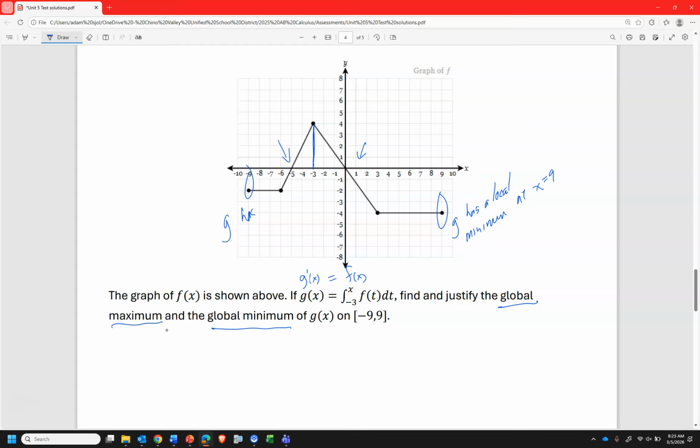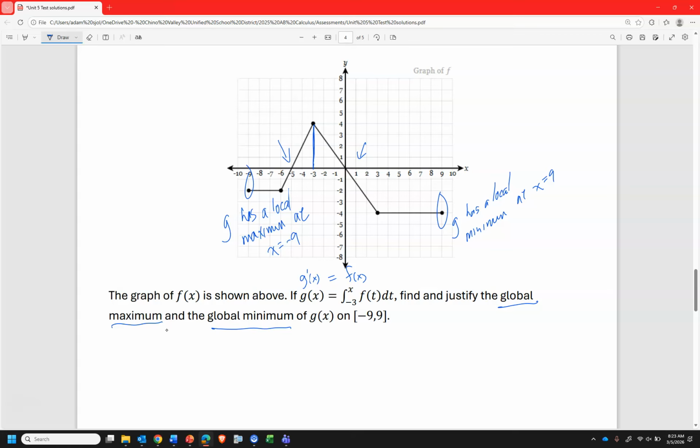G has a local maximum at x equals -9. And so because of that, you have two local maximums, two local minimums to account for, and you still have to evaluate g at -9 and at 0 to figure out which is the larger maximum. You have to evaluate g at -5 and 9 to see where g has a local minimum.